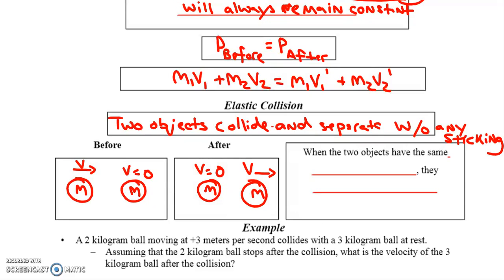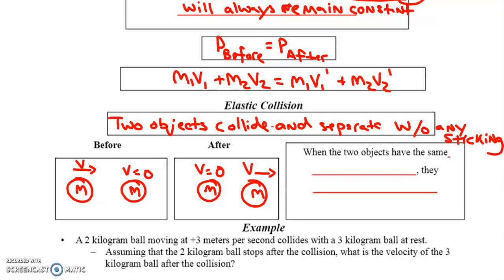And you can see this if you play pool. When the cue ball comes in and hits one of the other balls, it might come in with some speed, stop, and then that ball goes off with the exact same speed. And that's actually very close to a true elastic collision.